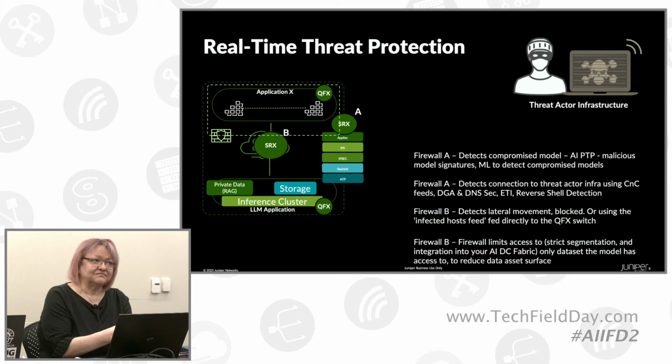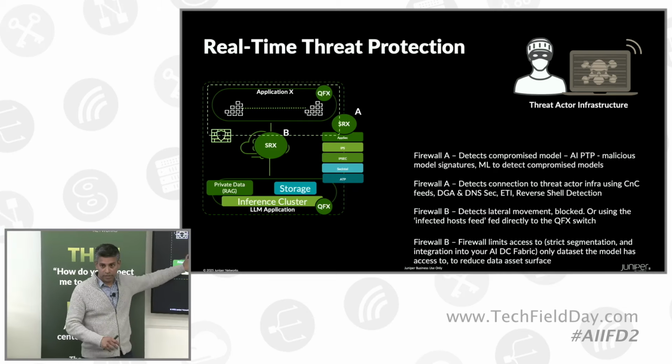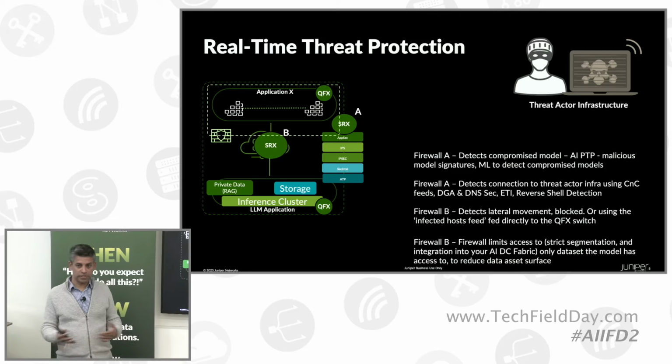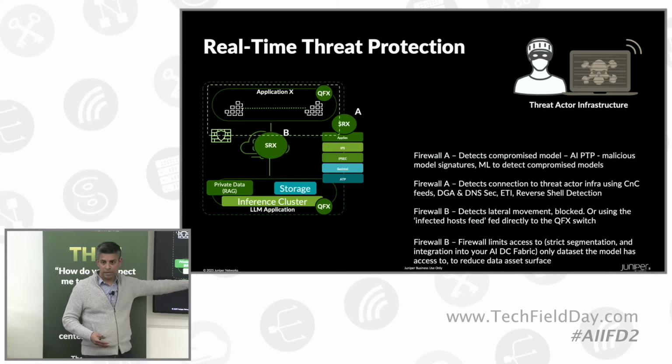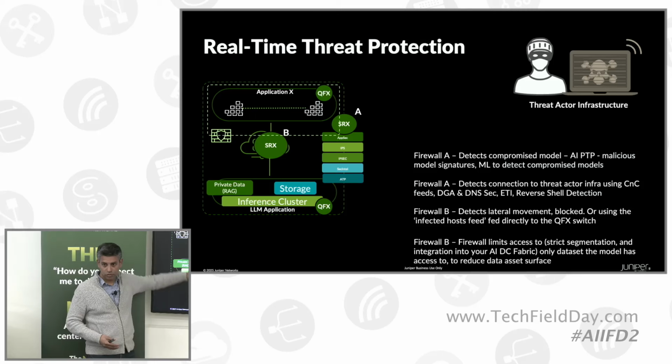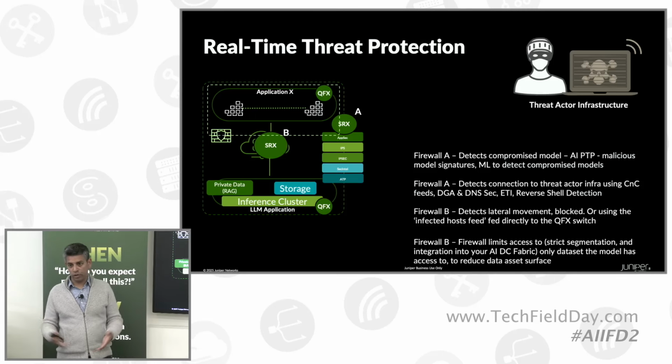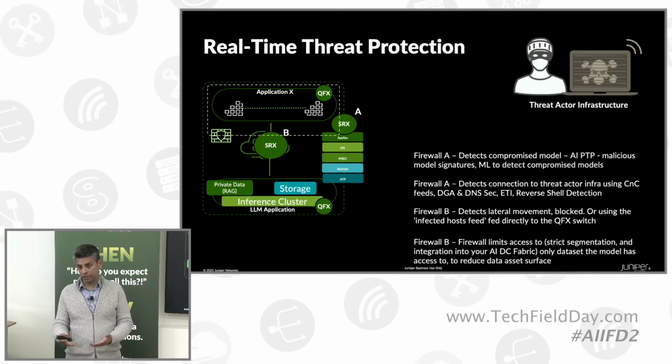So the insider threats, again, that's where you have the data center core firewall, which essentially is you have access to this application, not to this application. So that's more about where you have access to. That's implementing things like a zero trust security approach.